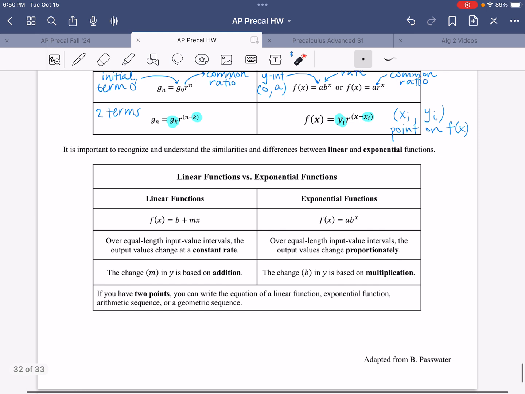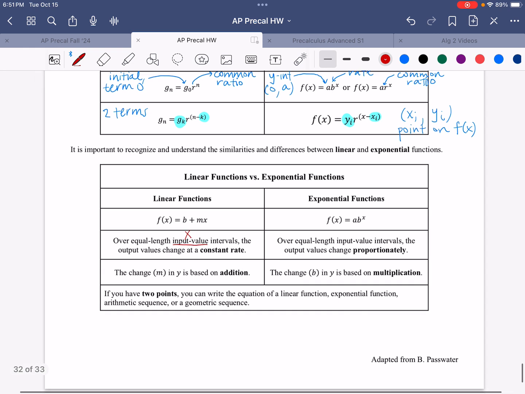Okay, summary: let's look at the similarities and differences between linear and exponential functions. It typed linear functions in slope-intercept form as b plus mx. So we have our starting amount and then whatever our graph is changing by each time. Over equal length input value intervals, meaning equal length x-value intervals, the output values, the y's, change at a constant rate.